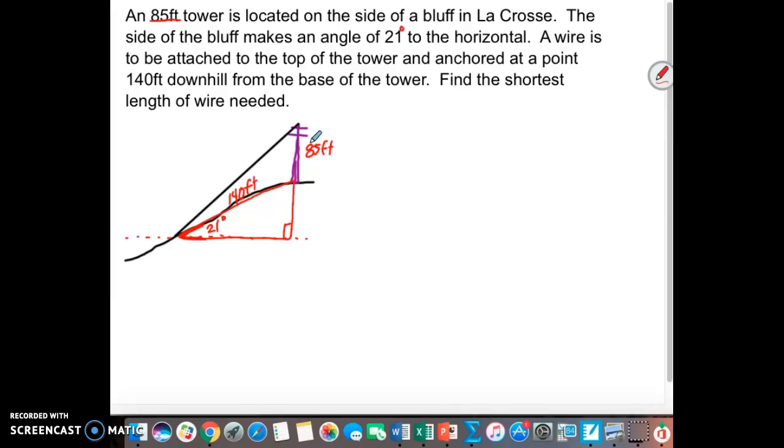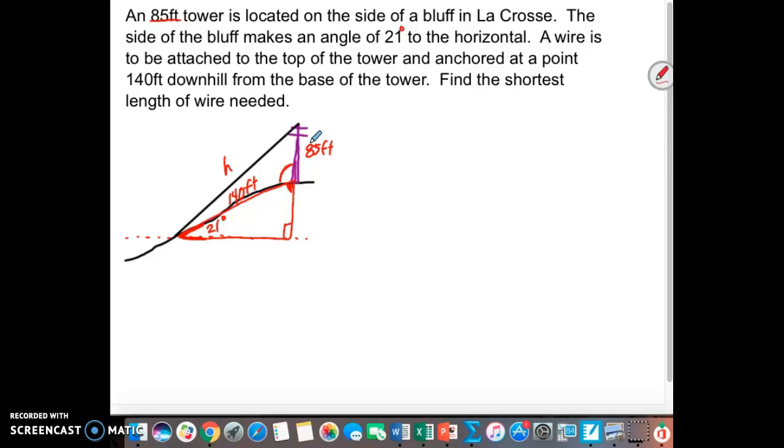So now our goal is to find the hypotenuse of the large triangle, or the wire itself. To do so, we need to first find this missing angle that's right next to the tower. An easy way to do that is to first find the angle in the right triangle that we created.